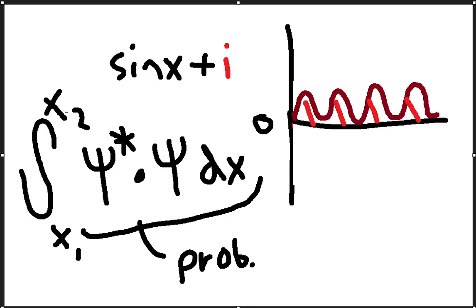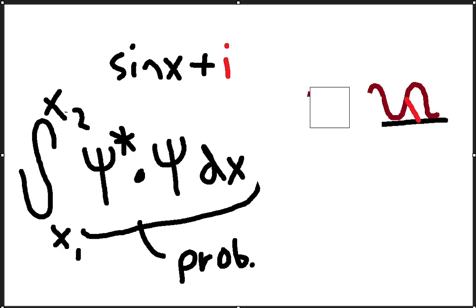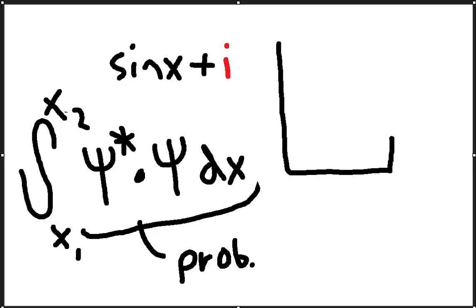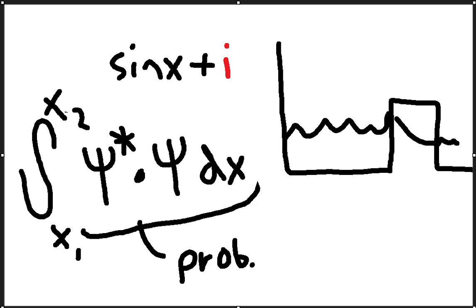You might recall that we had something like a box equation, where the wave went like that, and then this, and then that.